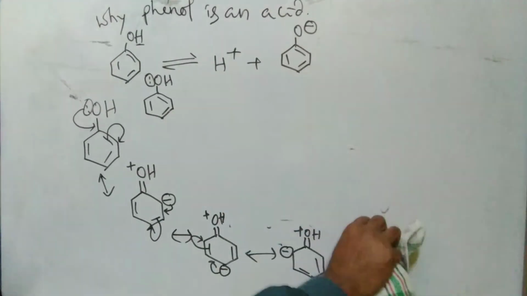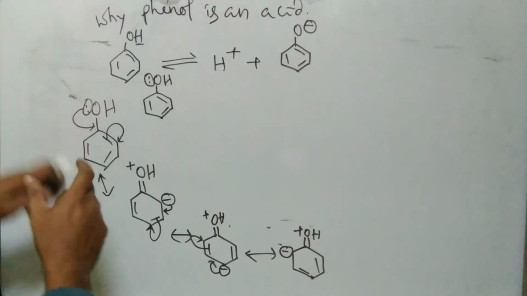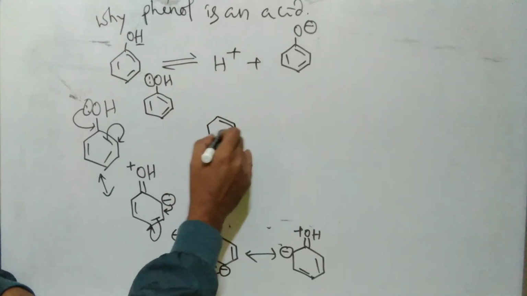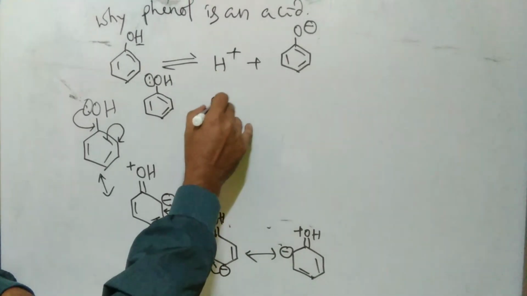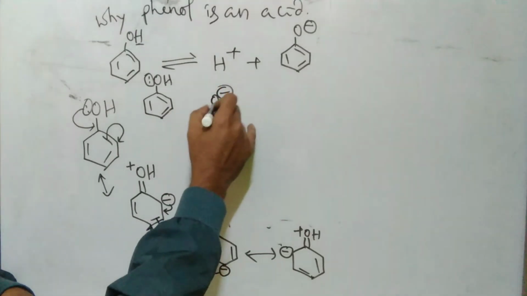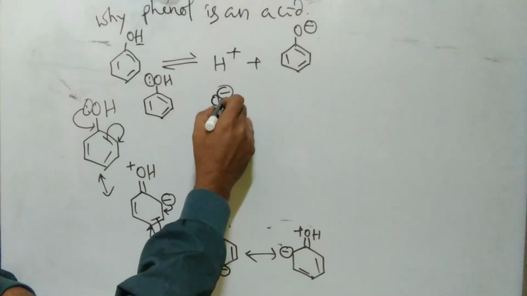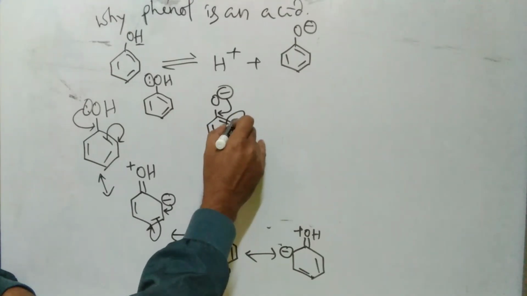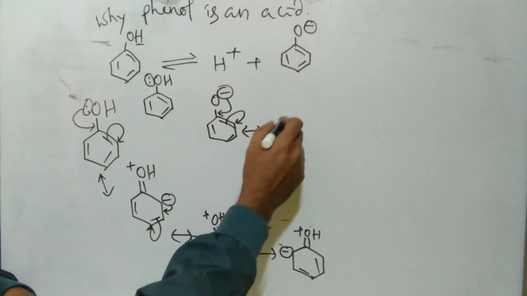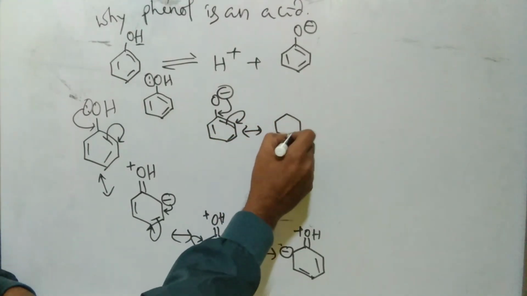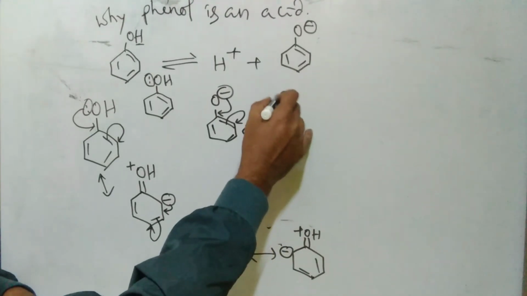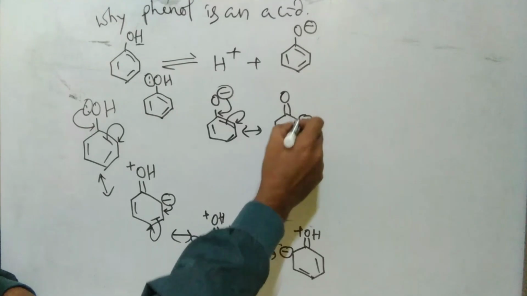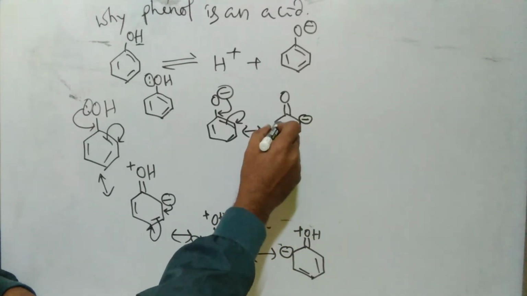So what will be the resonating structures of phenoxide ion? Here phenoxide ion resonance is initiated by the negative charge on oxygen. By this negative charge, oxygen makes a double bond here. Now the pi bond shifted to this carbon atom, giving rise to a resonating structure, or we can say canonical structure. The negative charge is gone, so oxygen is neutral. Here a negative charge is formed and these 2 bonds remain intact.